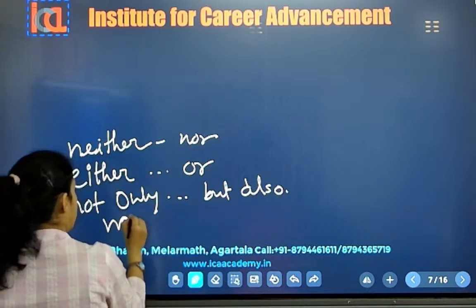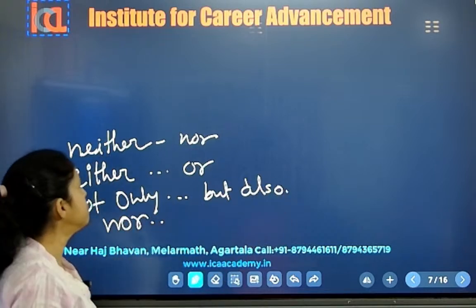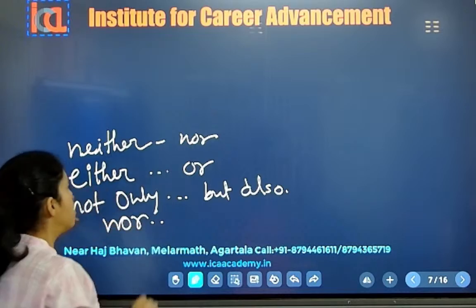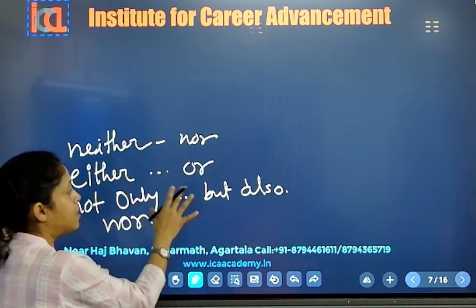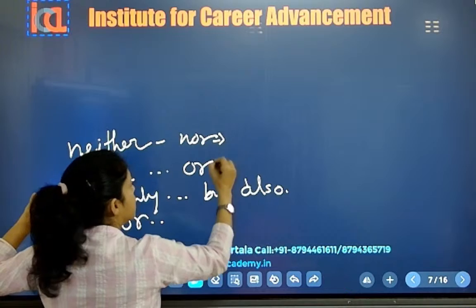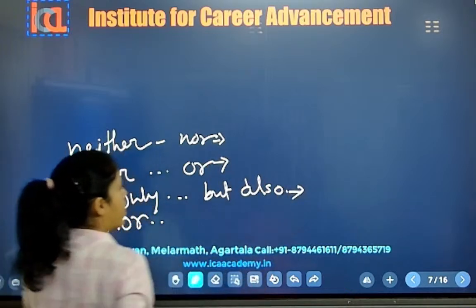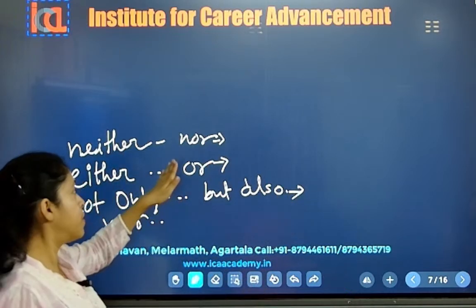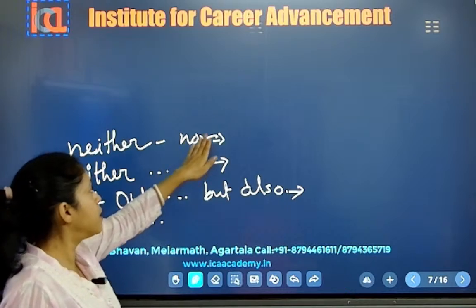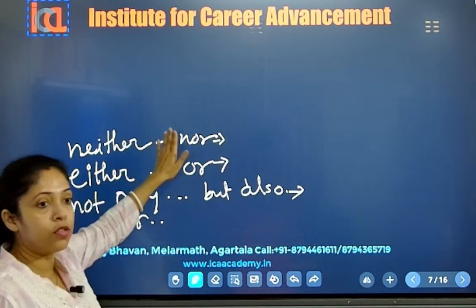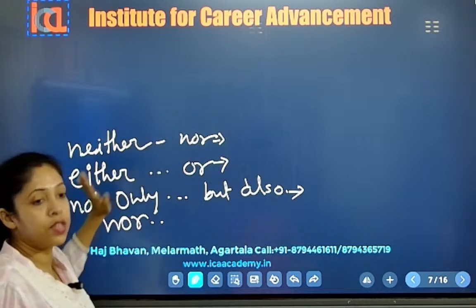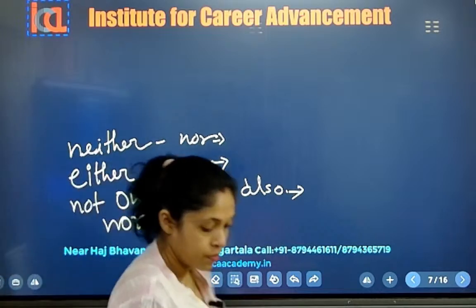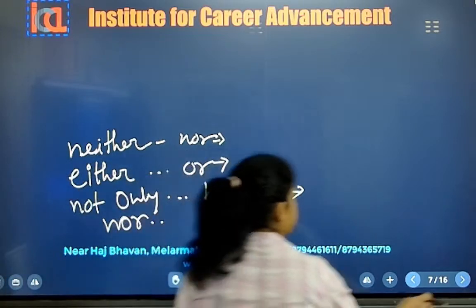These are coordinating conjunctions. In that case, we will always see that whatever subject is adjacent to nor will determine the verb. Okay. Question number 8.